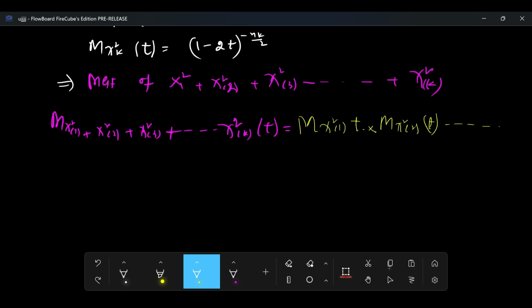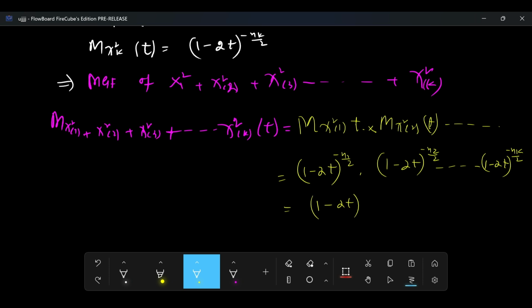What is the MGF of this? This is equal to 1 minus 2t to the power minus n1 by 2, times 1 minus 2t to the power minus n2 by 2, up to 1 minus 2t to the power minus nk by 2. Clear? So can I write this as 1 minus 2t to the power minus n1 plus n2 up to nk divided by 2.